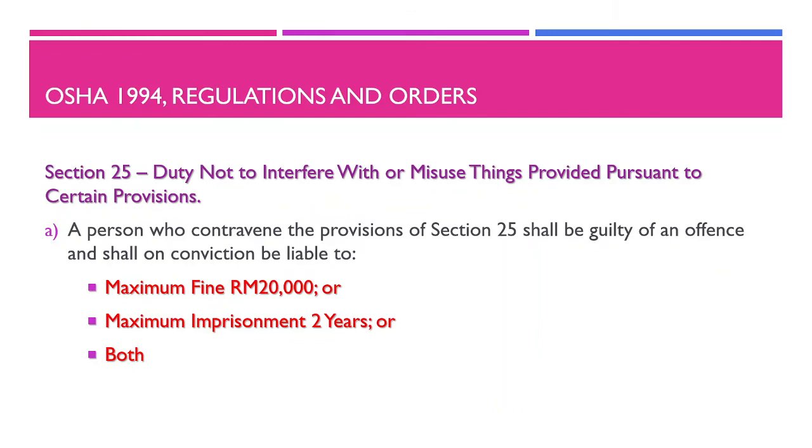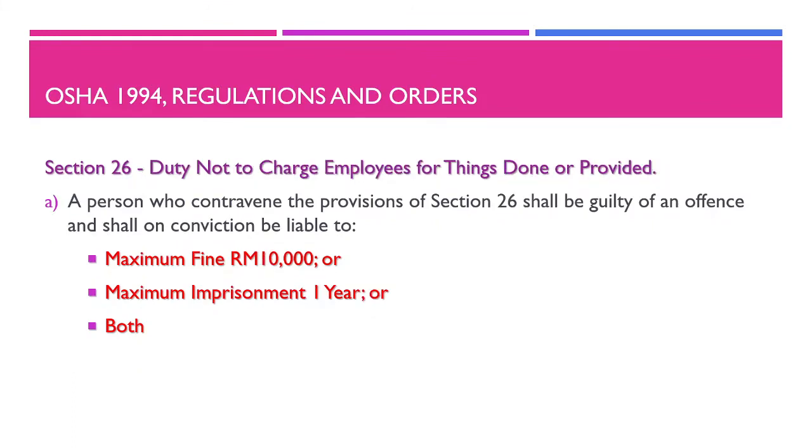Section 25 is the duty not to interfere with or misuse things provided pursuant to a certain provision. These are the penalties if they contravene the provisions of Section 25. Section 26 is also the duty not to charge the employer for things done or provided.